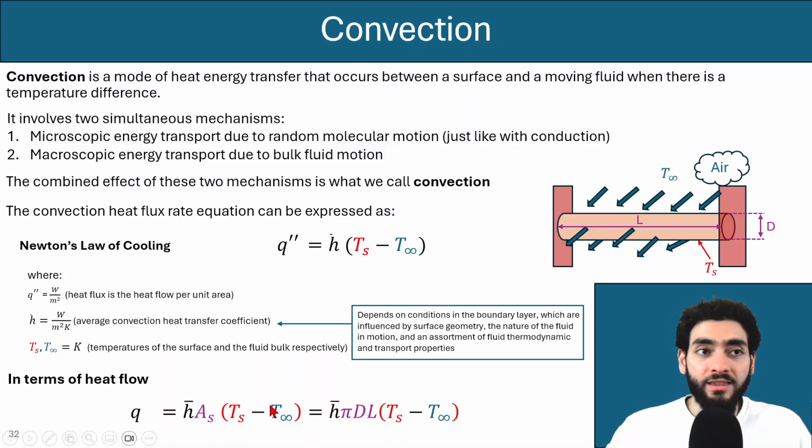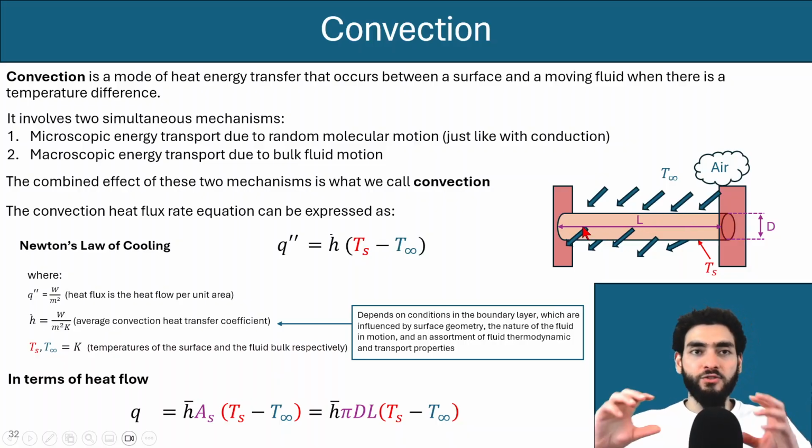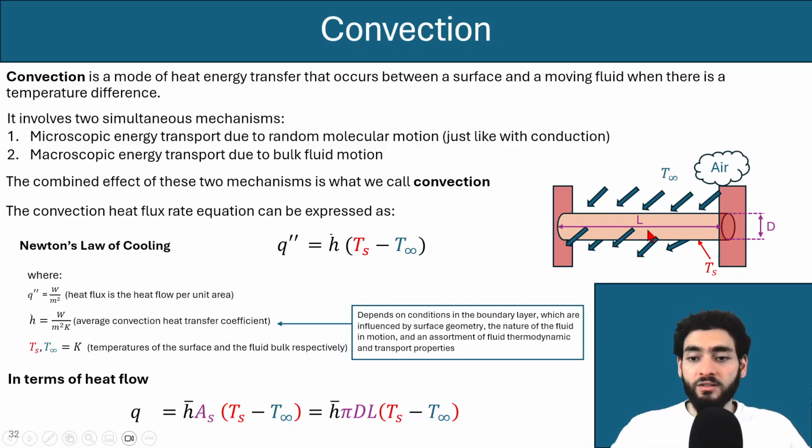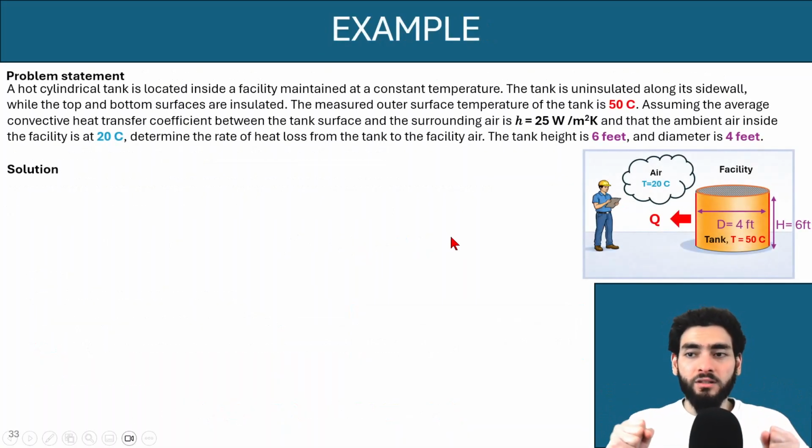And if we expand the surface area over here, in this particular example, it is pi dl, because this is a circular rod and it's occurring at the surface of the rod. So it's going to be pi times the diameter of the rod multiplied by the length of the rod. So before going into further details about convection, let's try to solve this simple example.